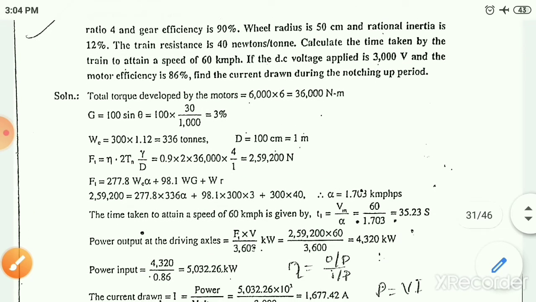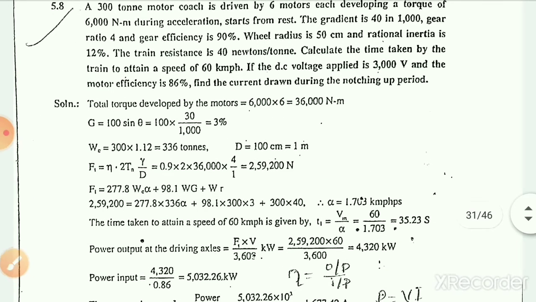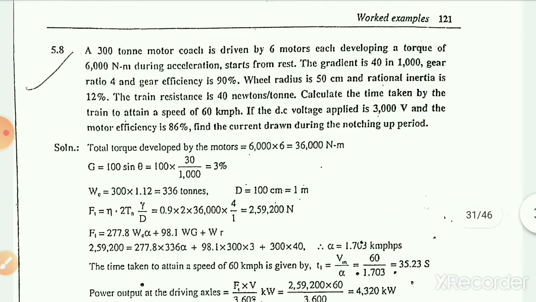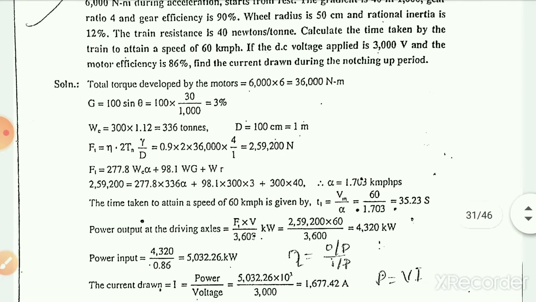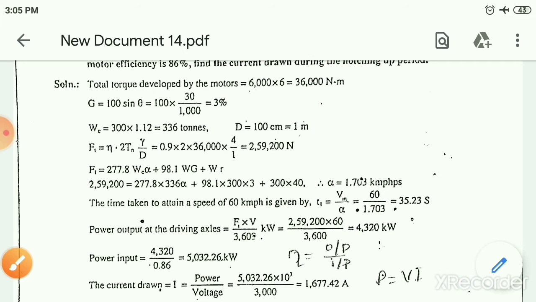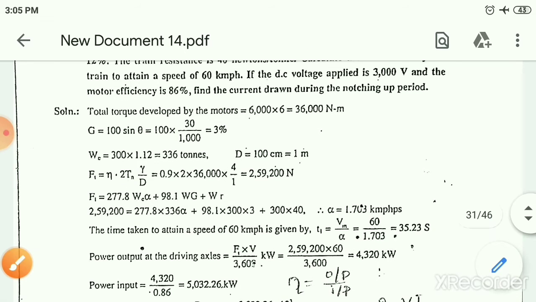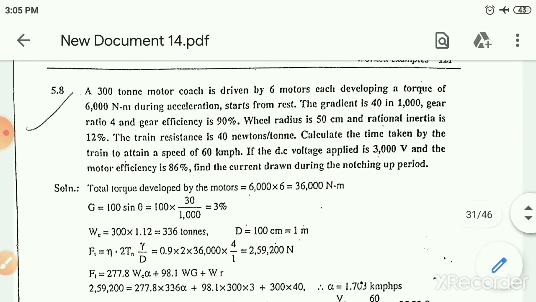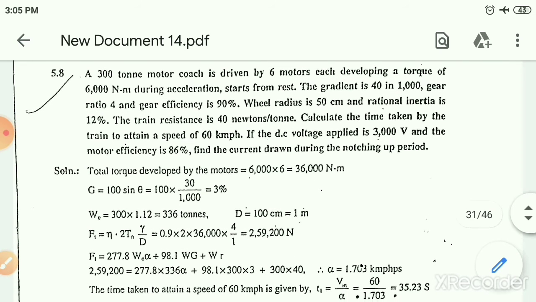Torque developed by each motor is 6000. There are 6 motors, so the total torque developed is 6000 into 6, which is 36,000 Newton meter. For the gradient factor, take 30 only.